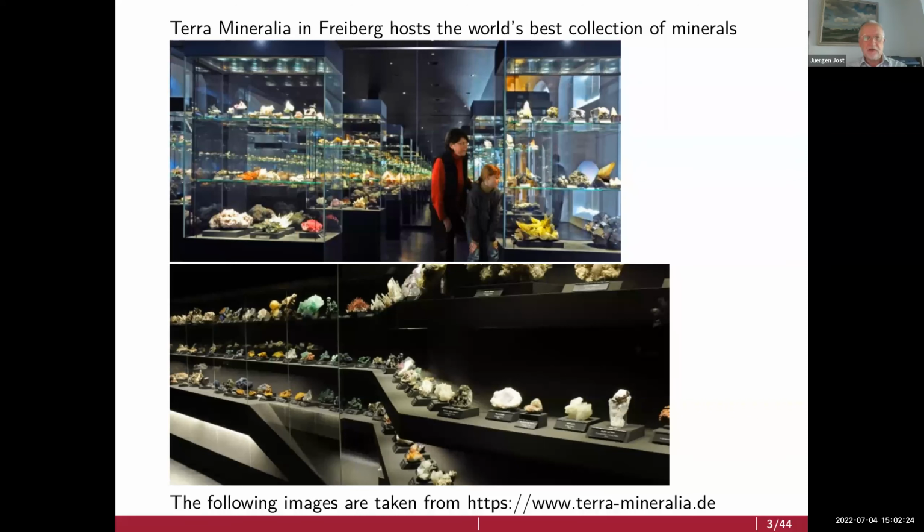The mineral collection there is superior to those that you would find in places like Paris or New York, and essentially it originated from a private donation. Now here you see some of the arrangements, and let me just show you some pictures of the minerals that you could find there.